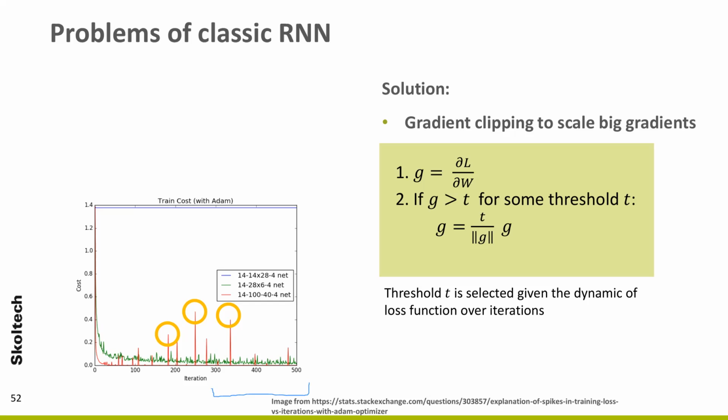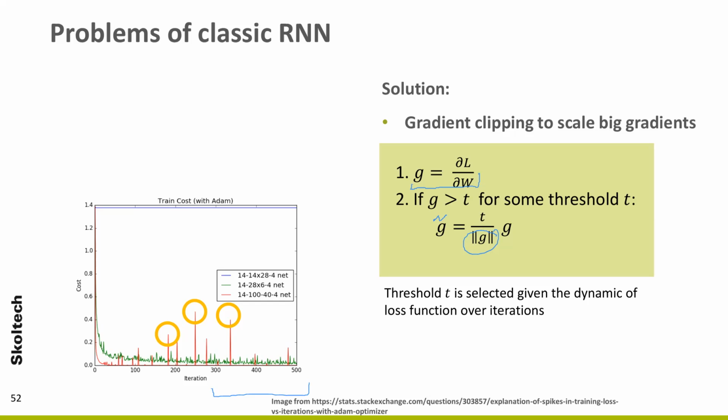So we select a threshold and normalize our gradient by the norm of this vector, and we have this J with a wave to make an update.